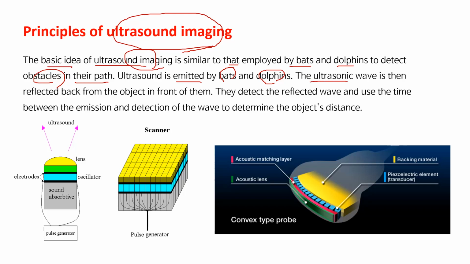The ultrasonic wave is then reflected back from the object in front of them. They detect the reflected wave and use the time between the emission and detection of the wave to determine the object distance. So we can use the same principle for ultrasound imaging.